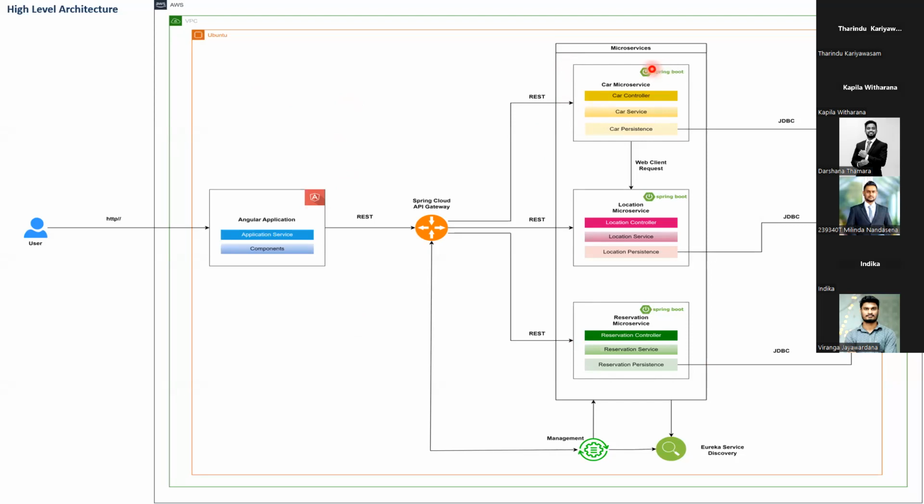We have the car service, which is talking to a MySQL database, as well as communicating with a location microservice. In the same way, we have the location microservice as well as the reservation microservice.